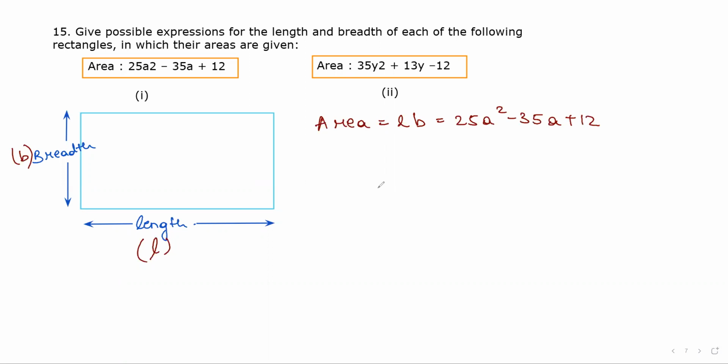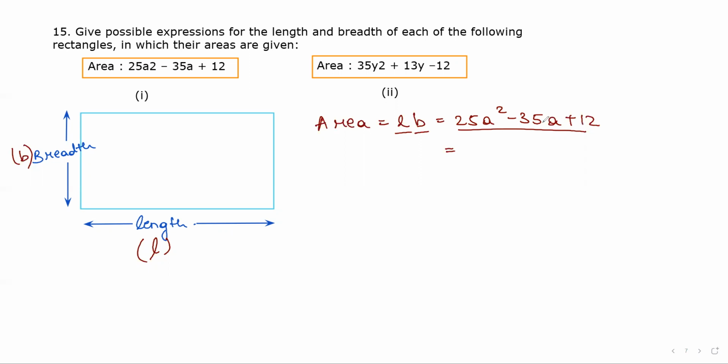So what can you do about this? The easiest method for such a question would be to factorize, because there's a multiplication of two values. You have a quadratic expression. You know that if you factorize, a quadratic expression can be converted into two factors. One factor out of these would be the length, another would be the breadth. So let's factorize this.